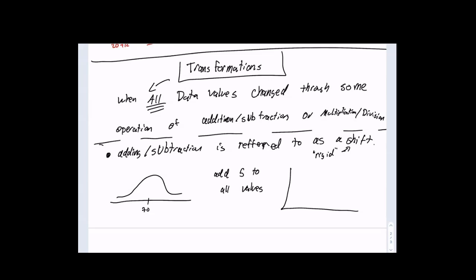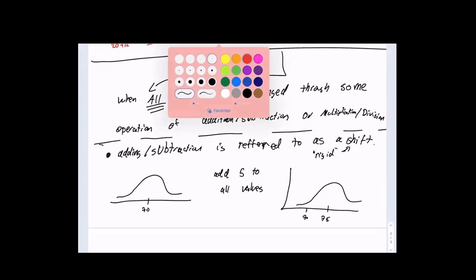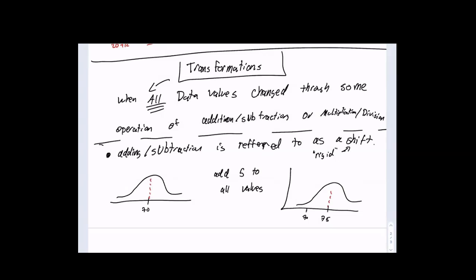So what's going to happen with the distribution? It's literally going to look exactly the same, but now it's going to be centered elsewhere. This was 70 over here, and now it's centered at 75, because if 5 is added to all of the values, then the new center is 75.